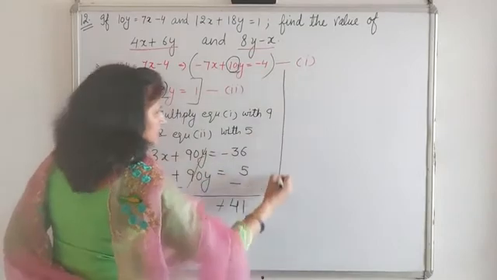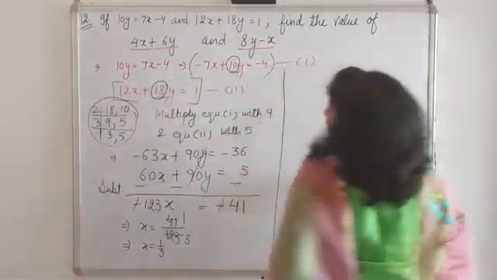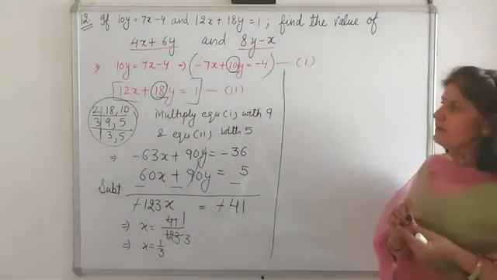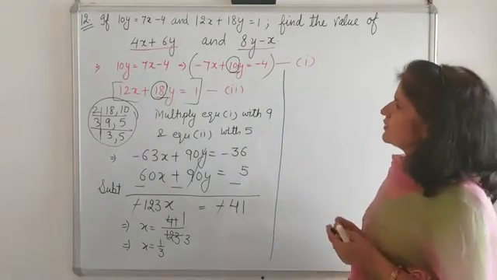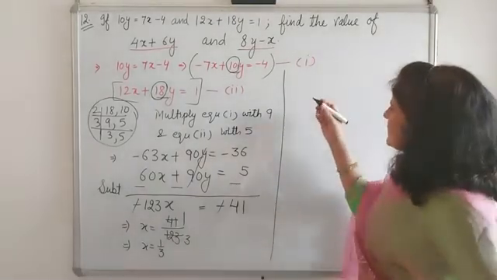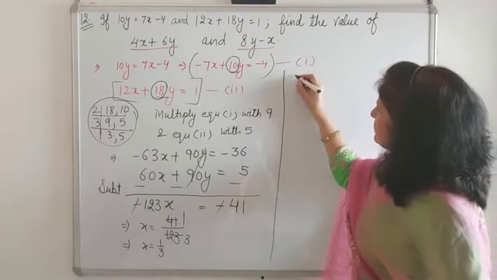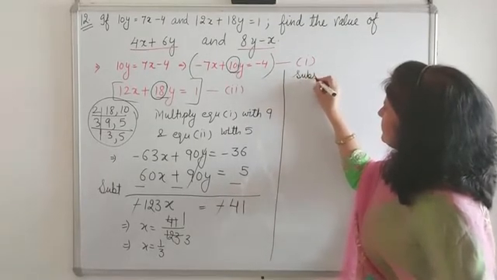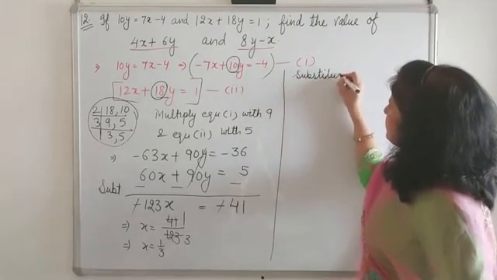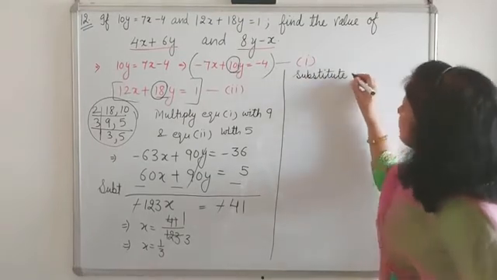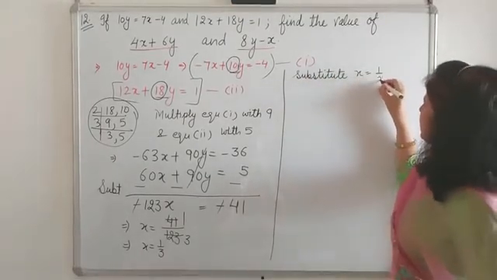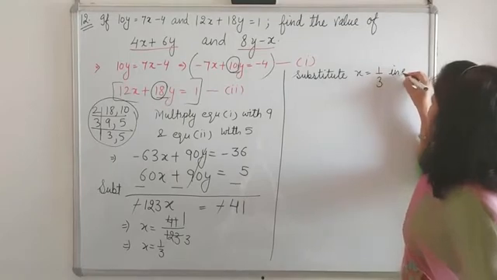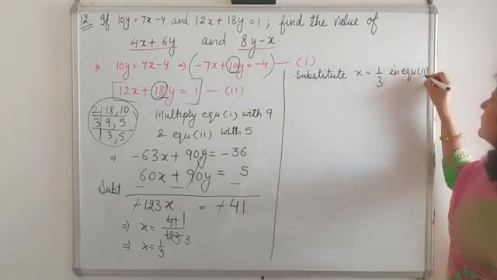Now this x we will substitute in either of the equations and find y. So we substitute in the second. Substitute x is equal to 1 upon 3 in equation 2.